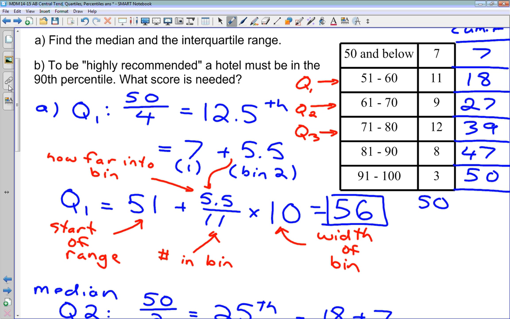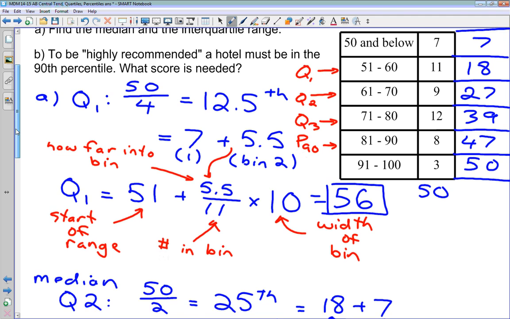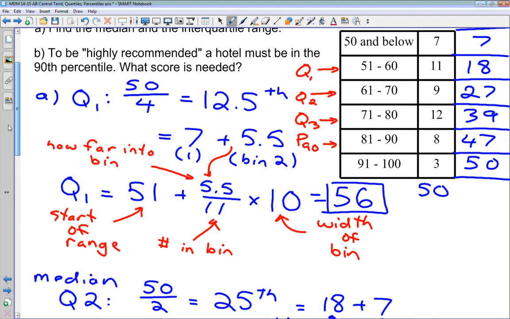So let's see, we've got 39 up to the end of bin number 4. We want the 45th. So our 90th percentile value has to be located in bin number 5. So how many are there in that bin number 5?